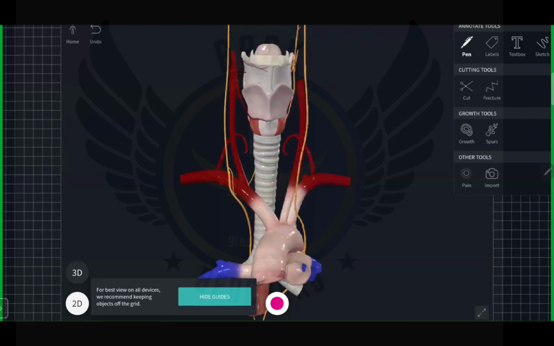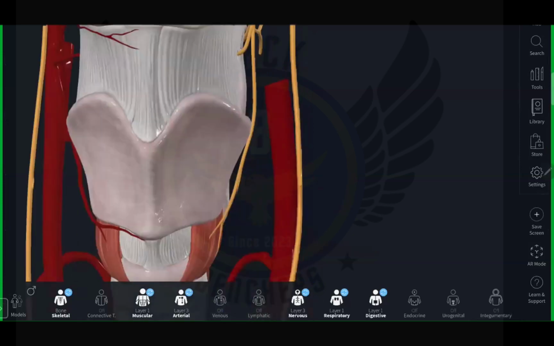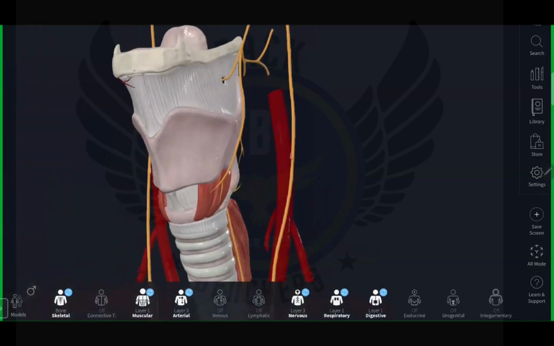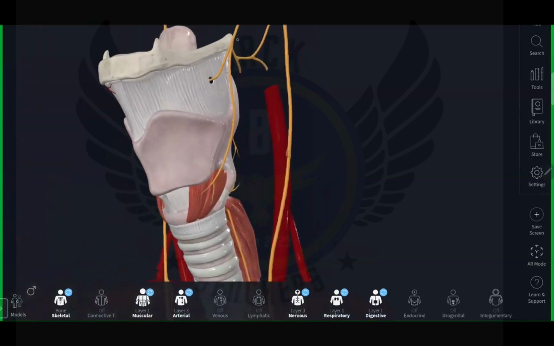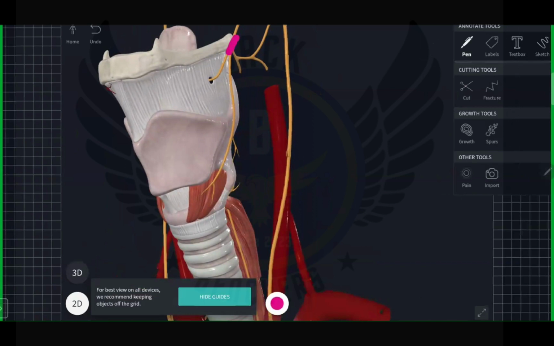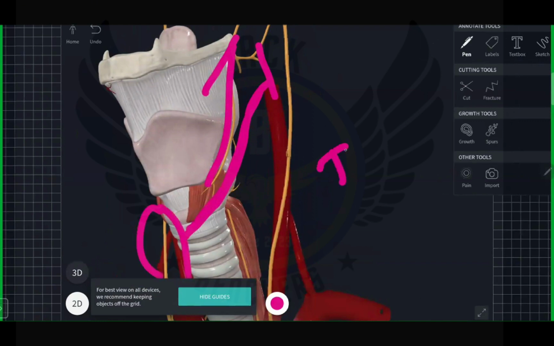If you see from the side, it's branching here, and the superior thyroid artery is coming out from here. There is a step in thyroid surgery where you have to ligate this vessel right here.